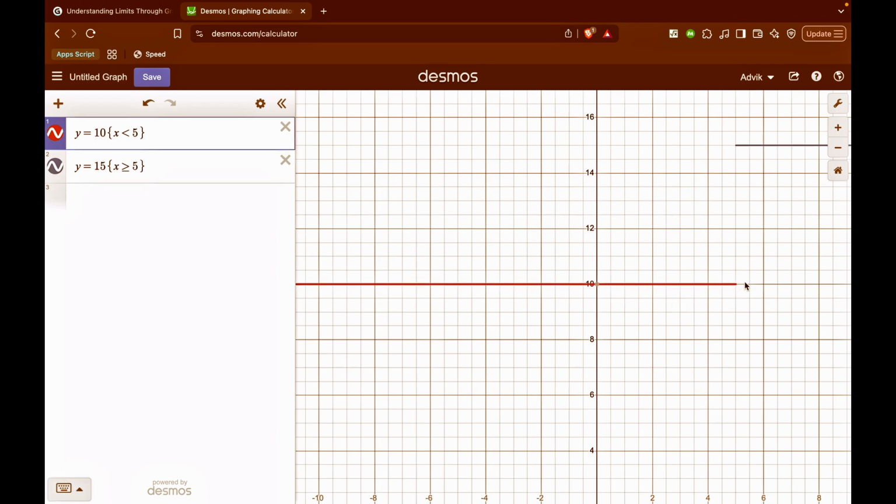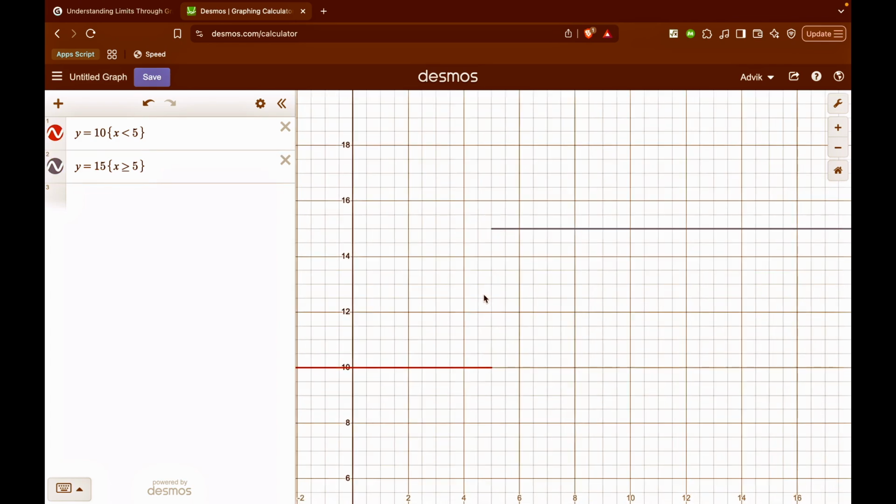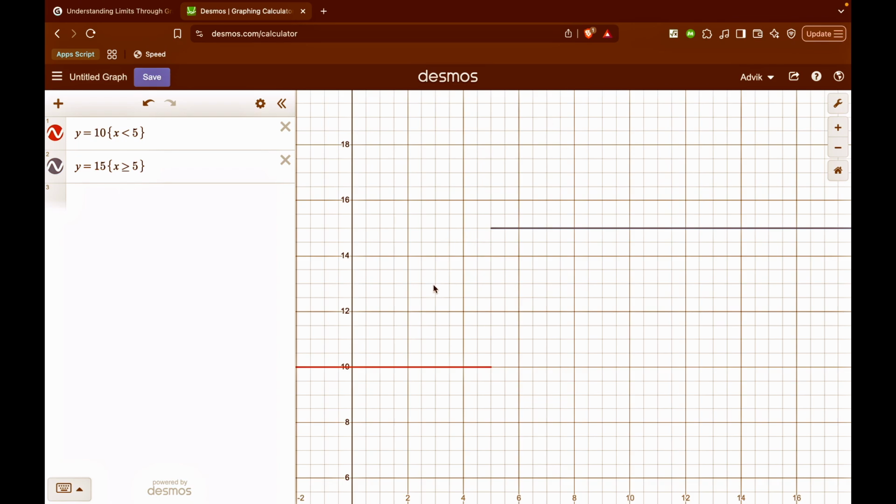So if we look at it over here, this means we have one piece from the left hand side and one from the right hand side, and let's evaluate it.